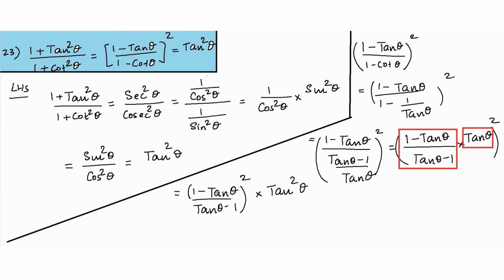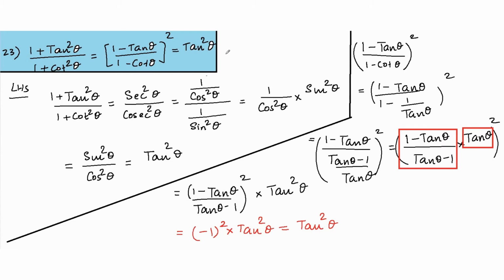Now you will notice that (1 minus tan) by (tan minus 1) is actually negative 1, because I can take a minus common from the numerator and then the numerator and denominator will cancel. So this is negative 1 the whole square times tan square theta. Now negative 1 square is positive 1, therefore this becomes tan square theta, and therefore all the three terms are equal to each other. This is how I can prove this particular identity.